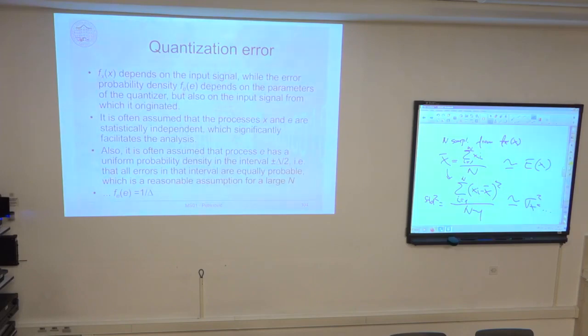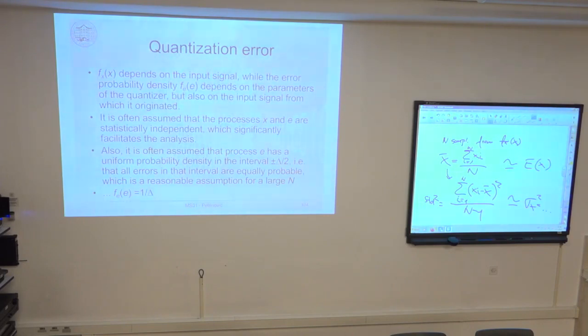So, just to conclude, we have only 3 minutes more. This probability density function f_x of x depends on the input signal. The error probability density function depends on the parameters of the quantizer, but also on the signal from which it originates. But nevertheless, we will assume that they are independent. That somehow the quantization error is practically independent of the actual signal. Why? Because we can say, okay, this error is always plus minus 1/2 of the step size.